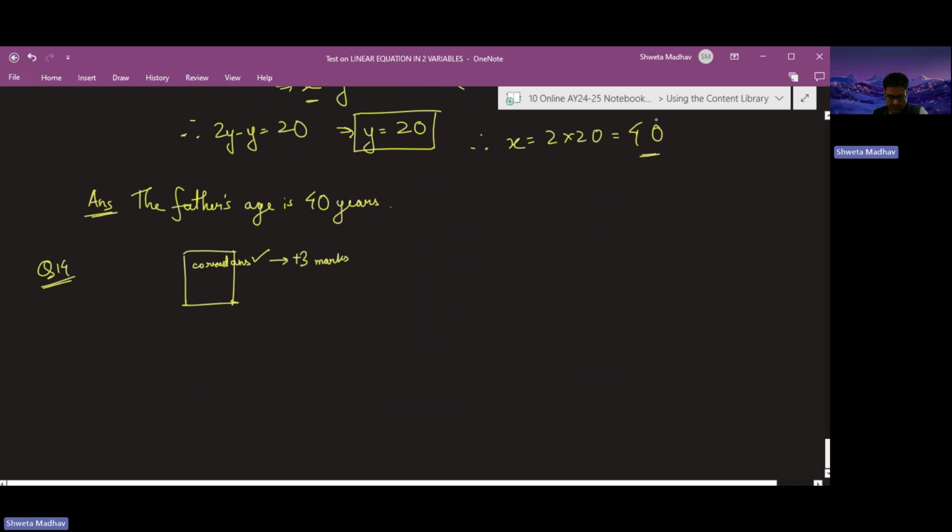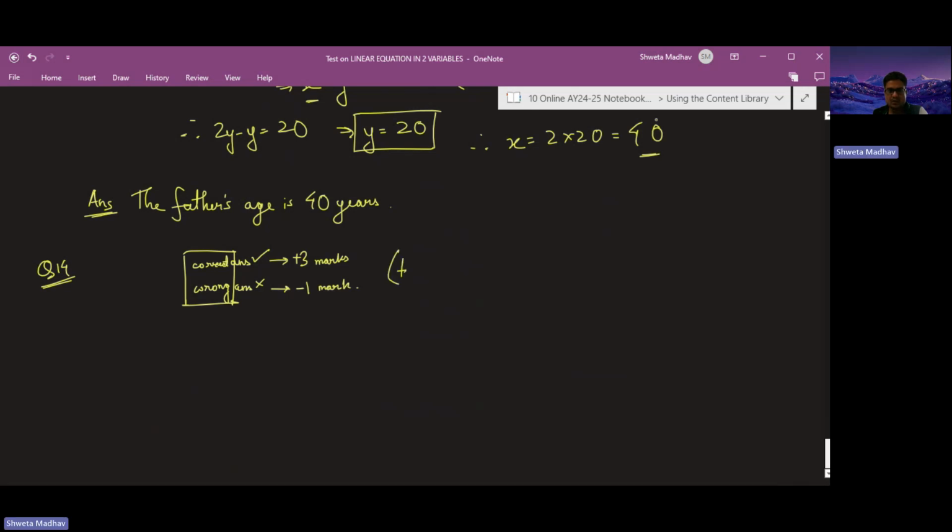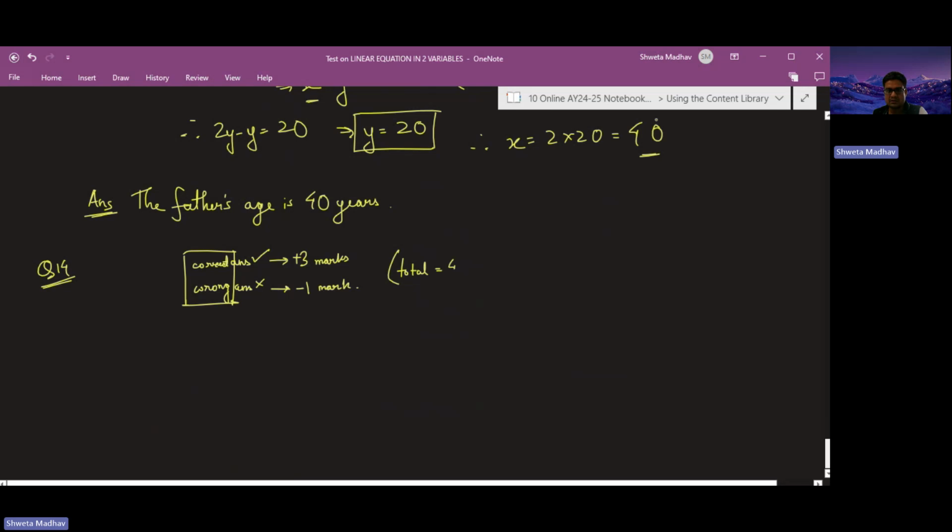And for each incorrect answer, each wrong answer, he will lose 1 mark, meaning he will get minus 1 mark. And the total marks that he scored is 40.